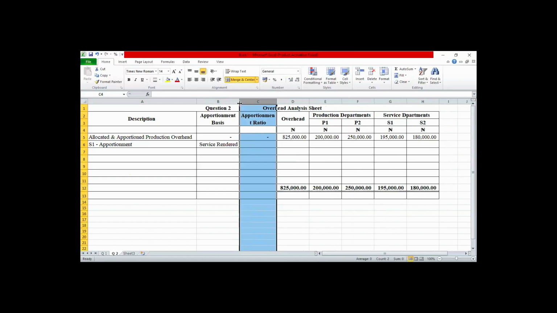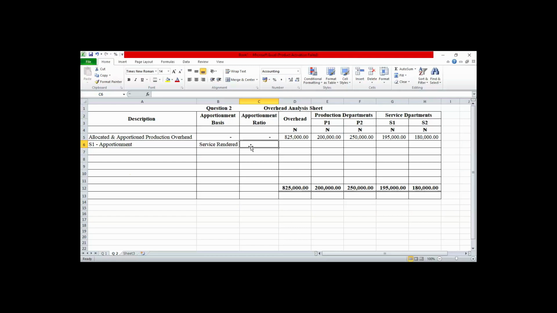What is the ratio of the service rendered given in the second table below? 40%, sir, for P1. P2, 60%. So P1 is 40, P2 is 60.